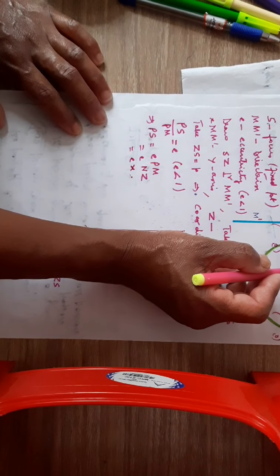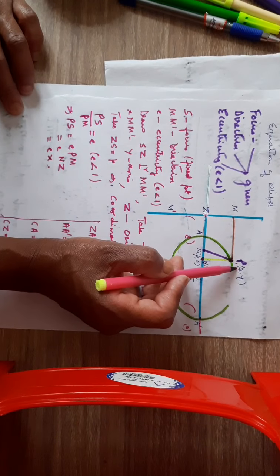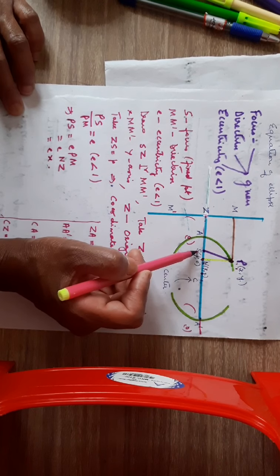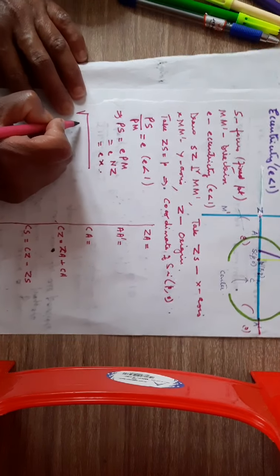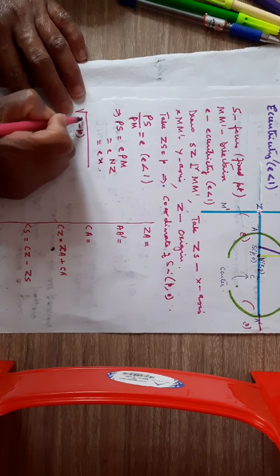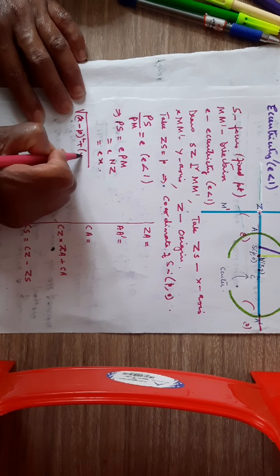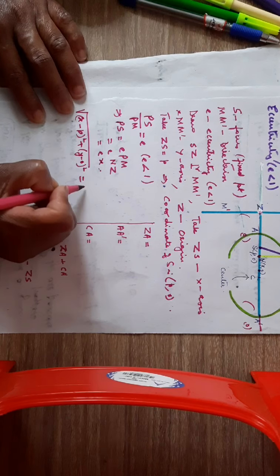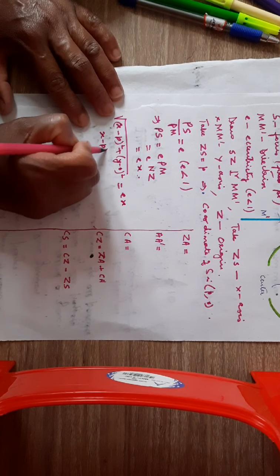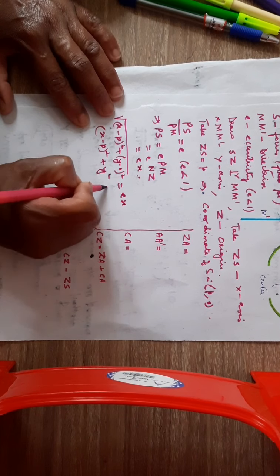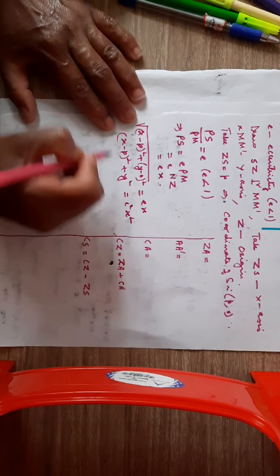Now, what is PS? Using distance formula, the coordinate of P is (x, y), and the coordinate of S is (p, 0). So using distance formula, the square root of (x minus p) the whole square plus (y minus 0) the whole square is equal to e times x. On squaring both sides, you get (x minus p) the whole square plus y square is equal to e square x square.